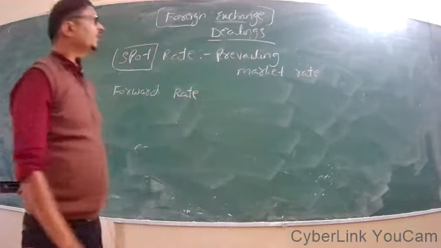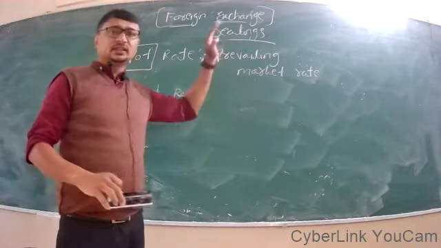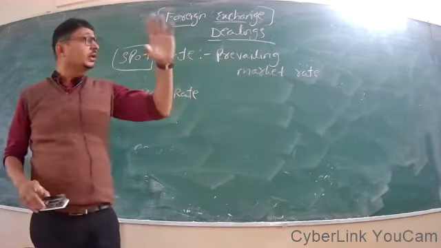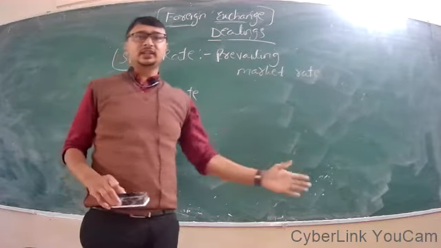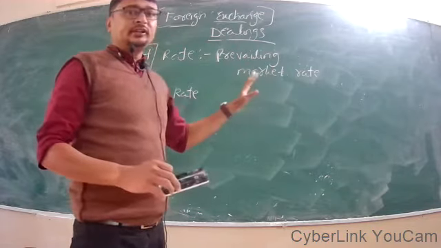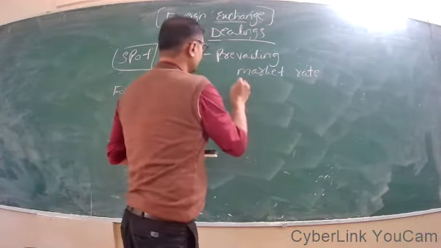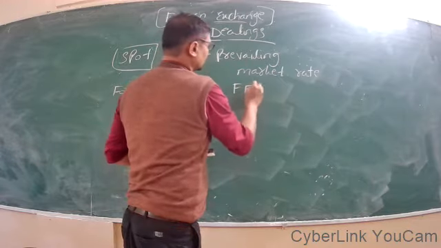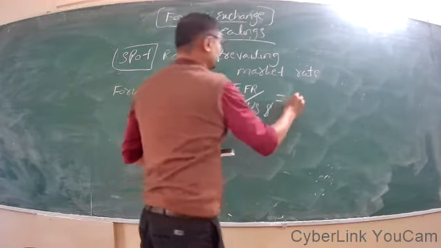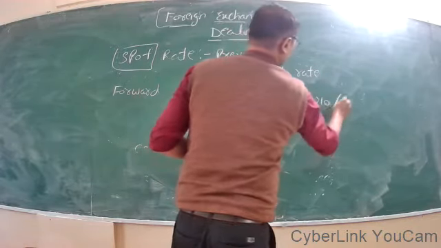Spot rate, the name itself suggests, is the prevailing market rate. Prevailing market rate means this moment's market rate for a certain currency for being exchanged with other countries' currency, right? That means as of now, the exchange rate between French francs per US dollar may be 5.3210/40.